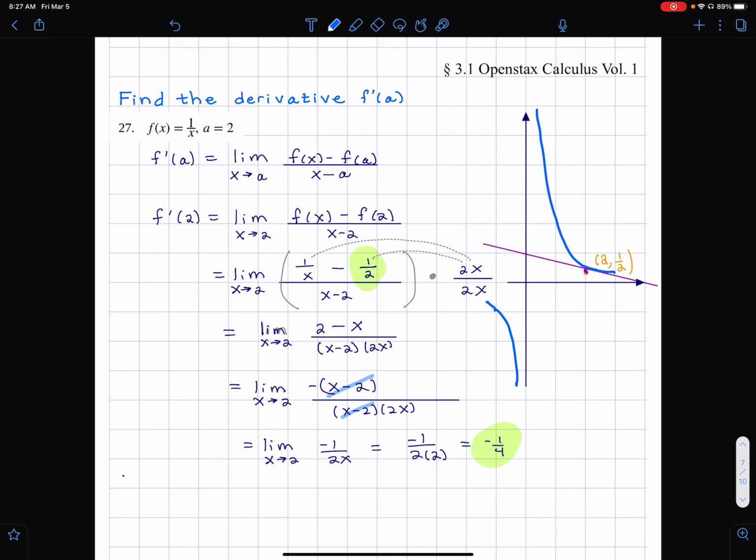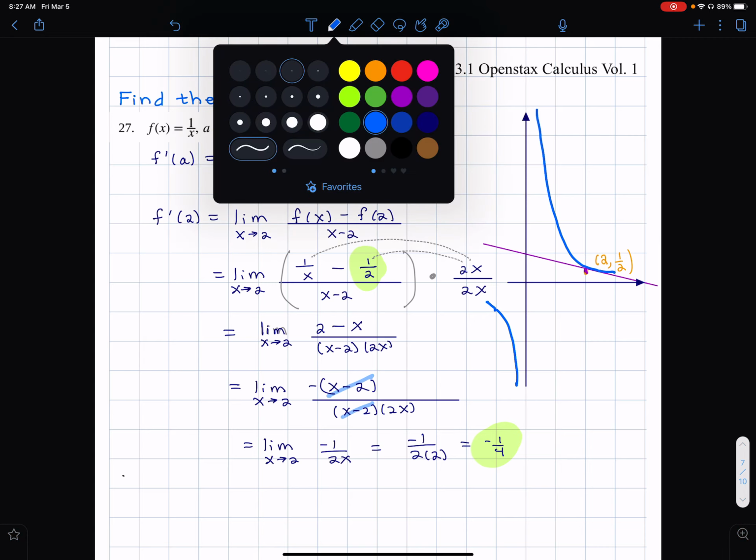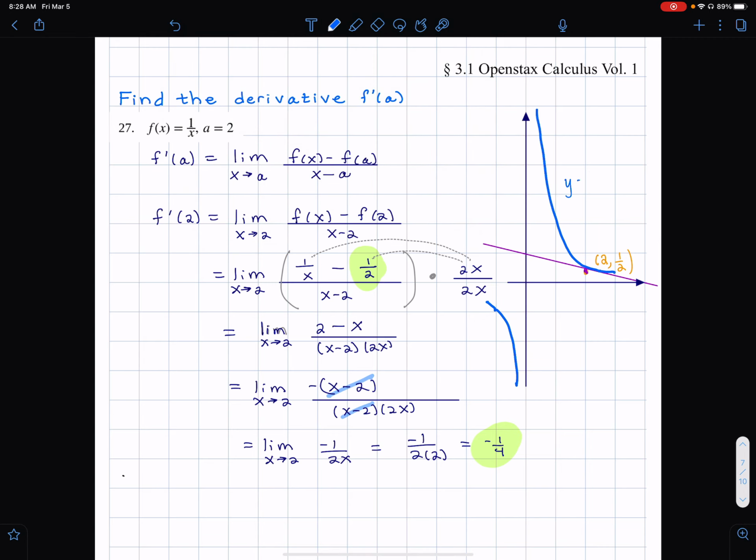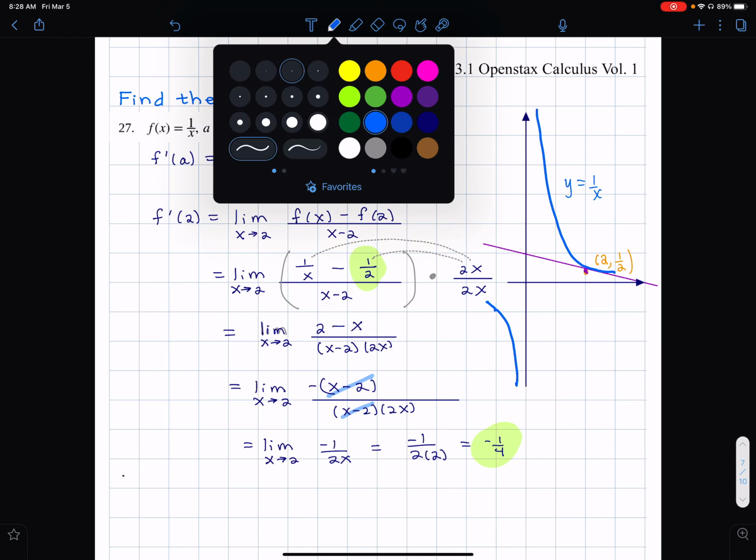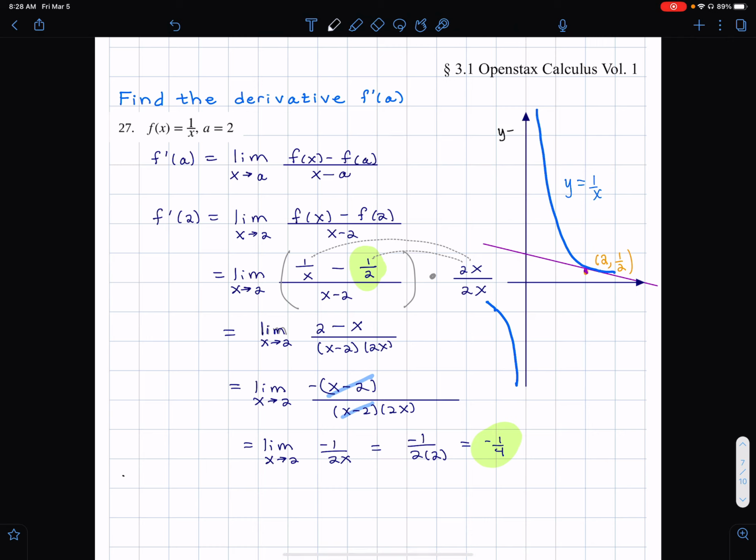So okay, that makes sense, and it wasn't required to do that anyway, but I did it just to add to this. I mean, it's a check, right? You want to check a little bit to see whether the answer -1/4 makes any sense for a slope.